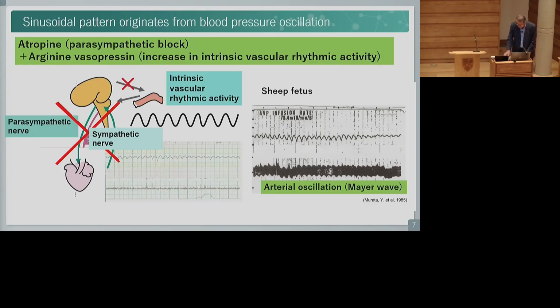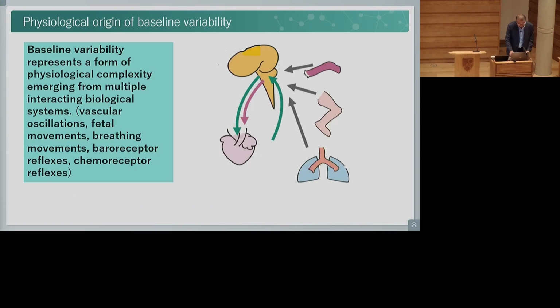Interestingly, arterial blood pressure simultaneously showed a sinusoidal oscillatory pattern known as Meyer waves. This suggested the sinusoidal fetal heart pattern originates from oscillations in blood pressure regulation.